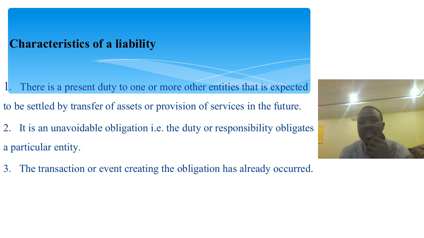Unavoidable means that we are not able to avoid it in the present state. The third characteristic is that the transaction or the event creating the obligation has already occurred. So those are the three characteristics of liabilities.